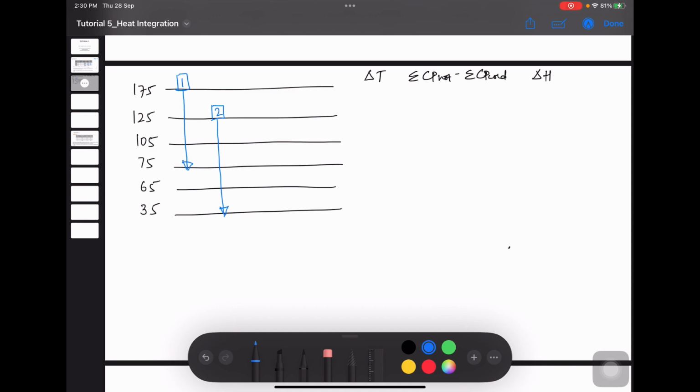Our third one goes from 65 to 105, so 65 to 105 is here. And then we have the fourth one, 35 to 125.